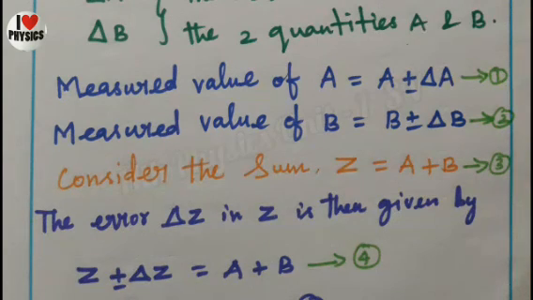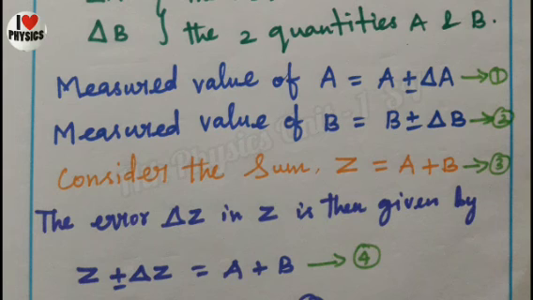The measured value of B is B plus or minus del B. This is equation number 2. Del means change of variable. Plus or minus means the change of value is sometimes added, sometimes subtracted.